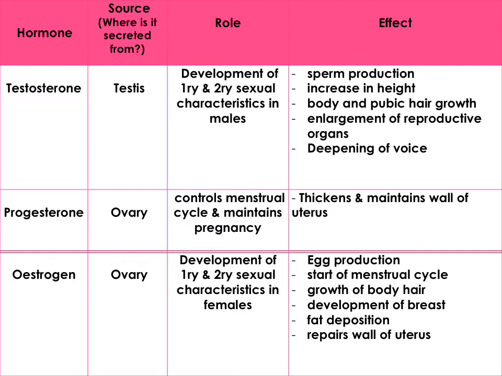It helps to repair the wall of the uterus. So we need to remember those. We need to memorize these different roles and effects of each of these three hormones. Please make sure that you have this table filled in your study guide. Okay.